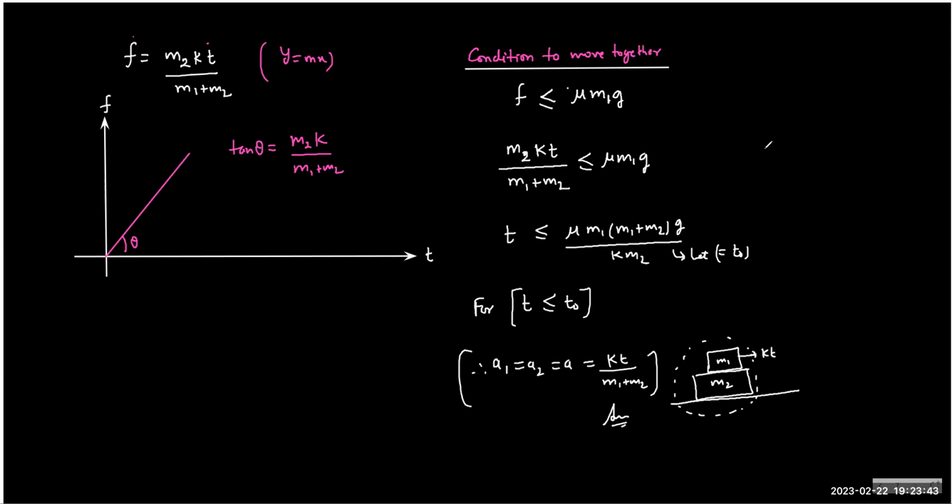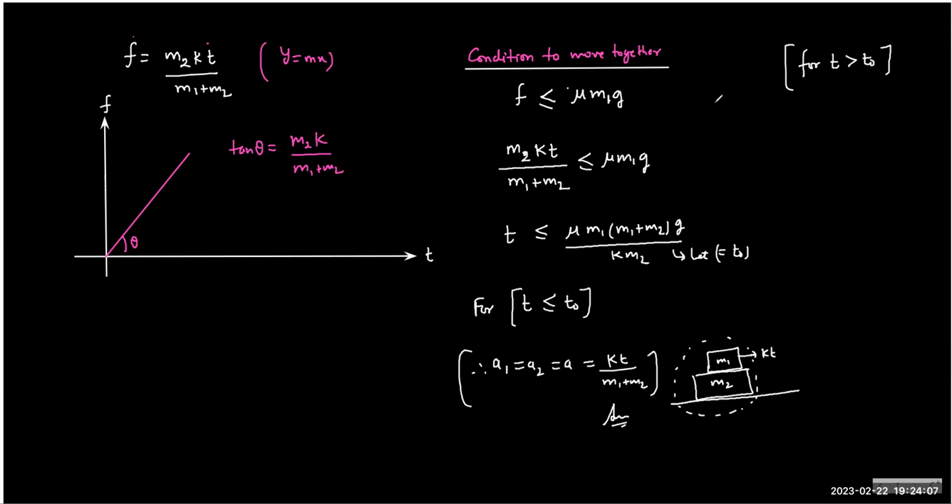So the question is, for T exceeding T naught, what will happen? If T exceeds this T naught, will they move together?